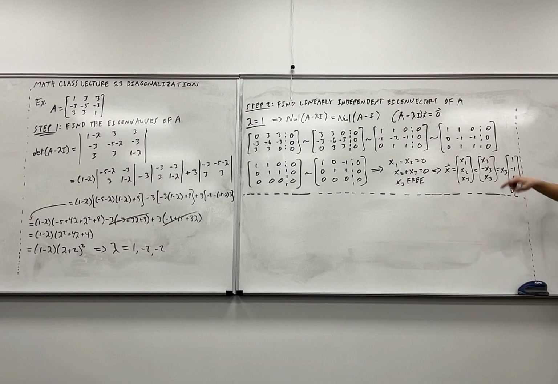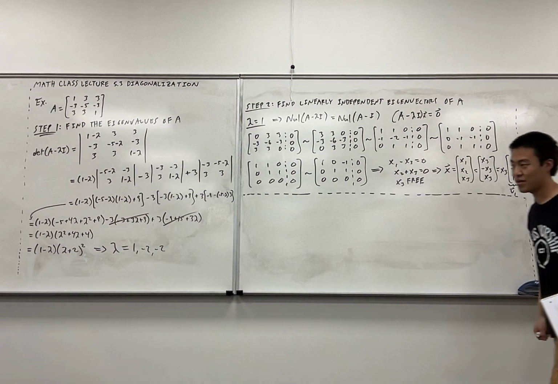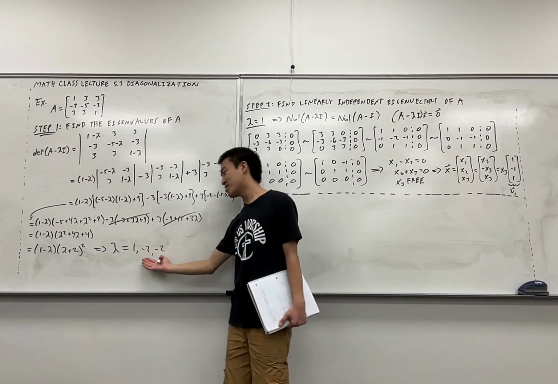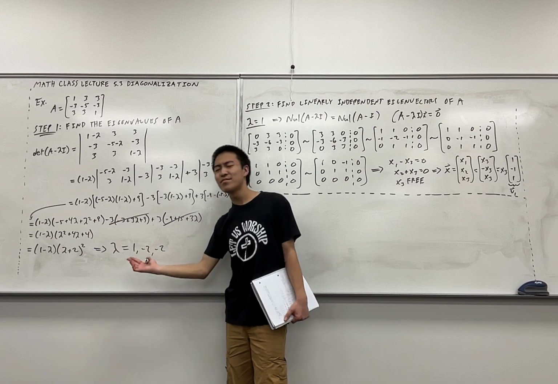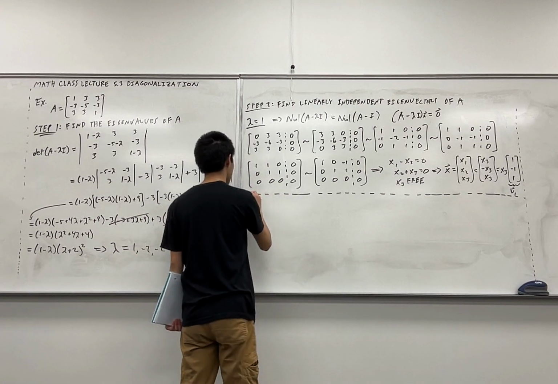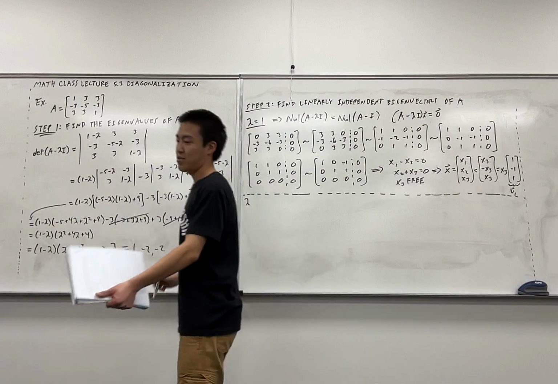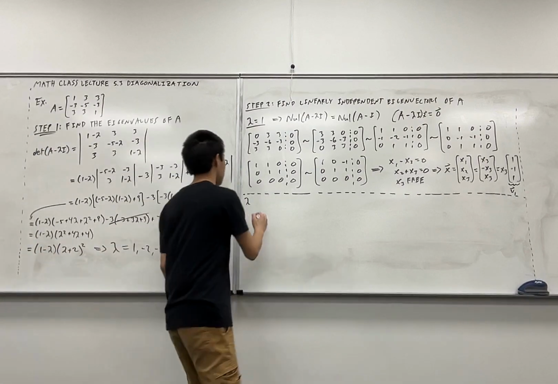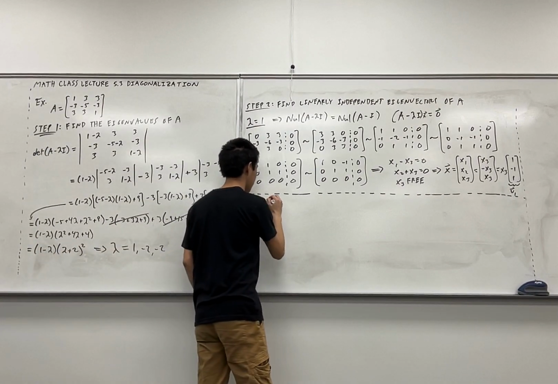So how many should we probably be expecting for the second? 2. Why am I expecting that there needs to be 2? Because the multiplicity is 2. Yes. Lovely. This is so much easier. Lambda is equal to 2.